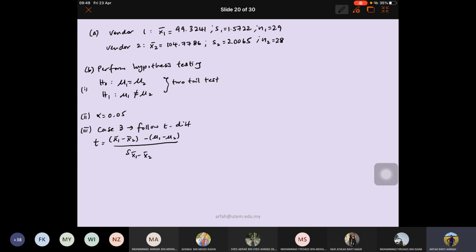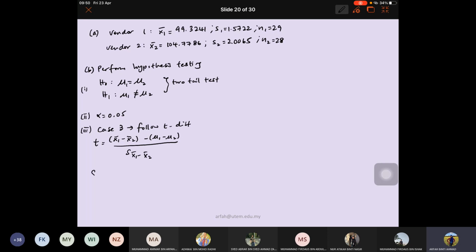Since it is case 3, the calculation involves the pooled standard deviation. Meaning that for this one, you have to calculate SP. Okay.